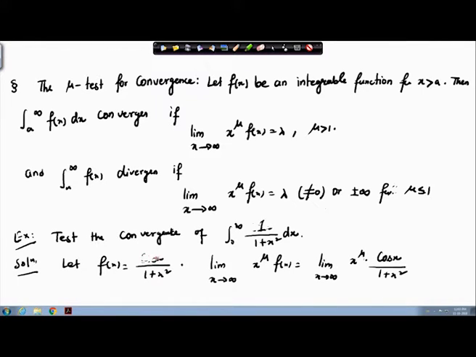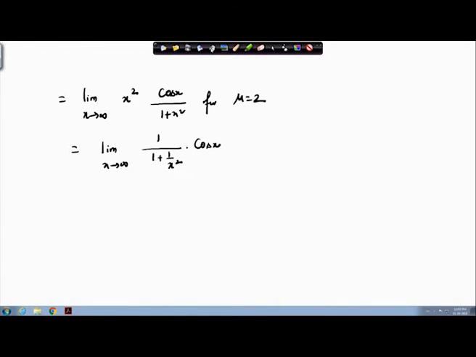If I take 1 instead of cos x, then it will be a little bit straightforward. This will be 1 by 1 plus x square, and then the whole limit will be 1 for mu equals to 2.